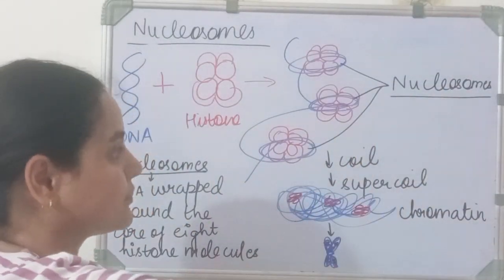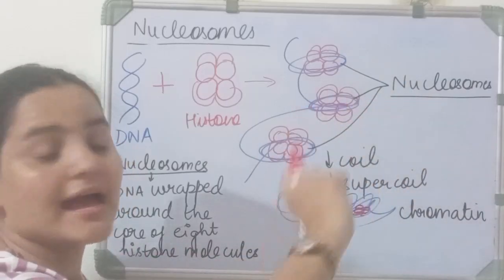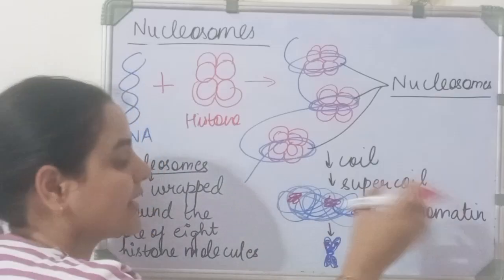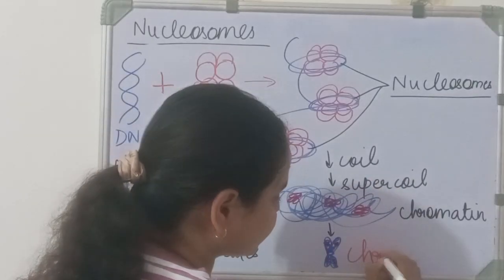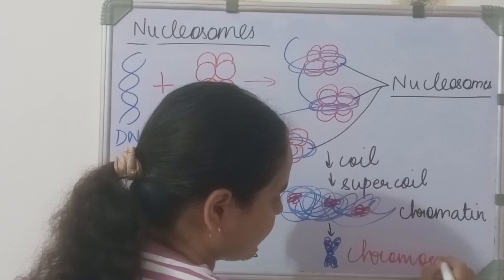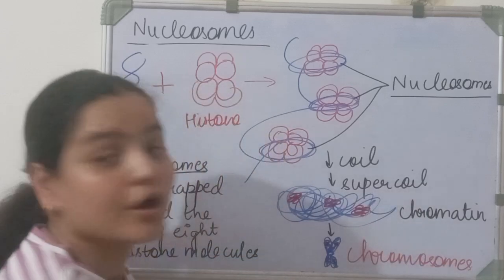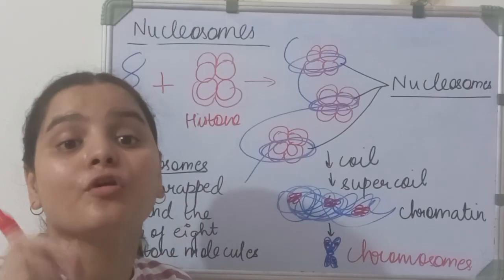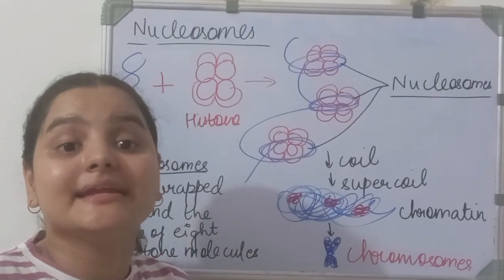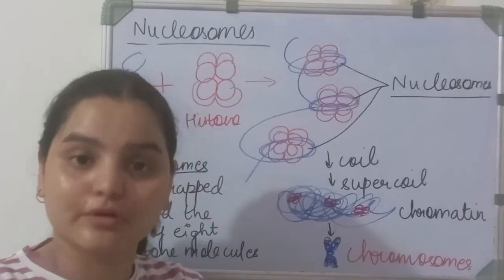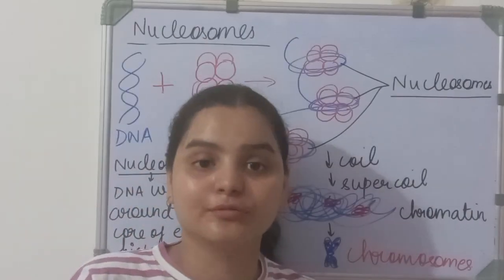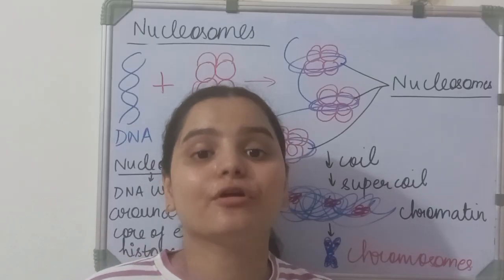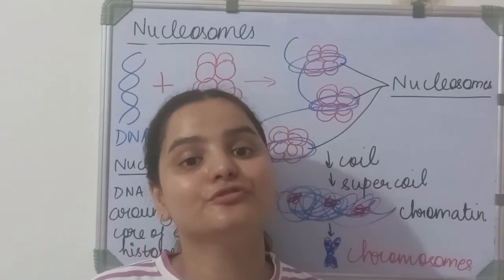Then these nucleosomes coil and supercoil and form chromatin, and from chromatin they condense and form chromosomes. Note this point, write it in your notebook wherever you are making notes: in humans, a single chromosome may have millions of nucleosomes. Okay, now let's move to the next topic.